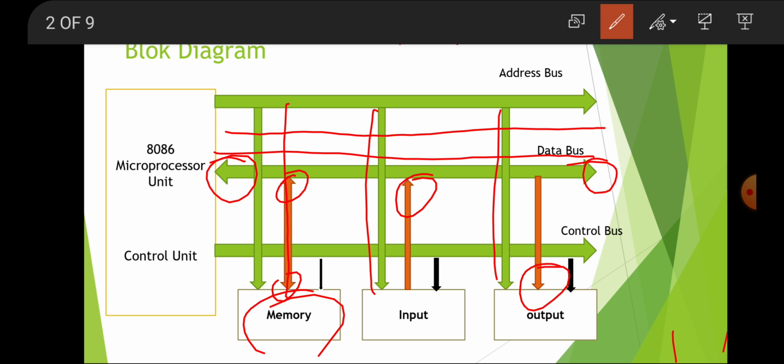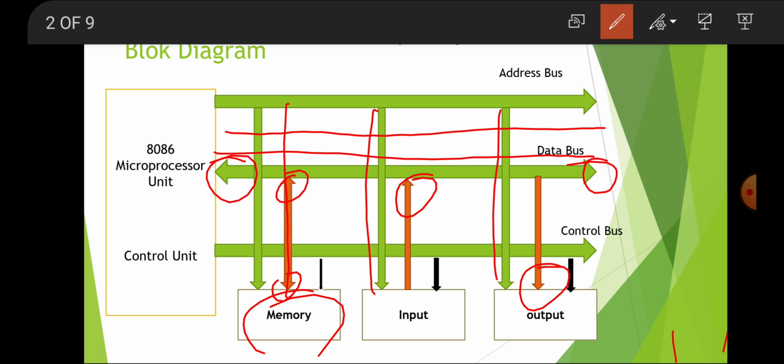I press 1 plus 1 and the monitor is the output device. The output device shows the result, 1 plus 1 is equal to 2. So it carries the information from microprocessor to output. So the direction is from input towards the microprocessor, and for the output from the microprocessor to output. So we can say it is bidirectional.